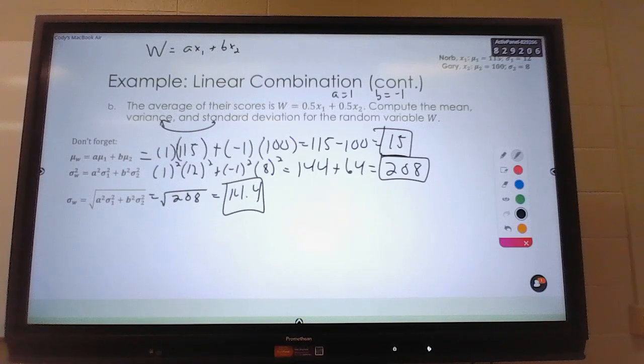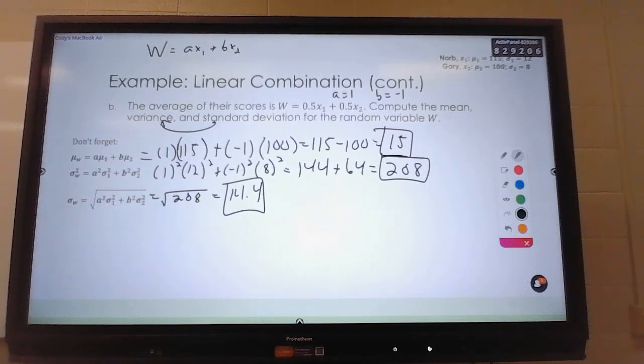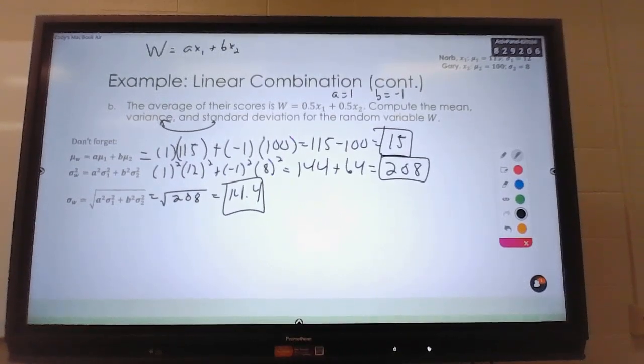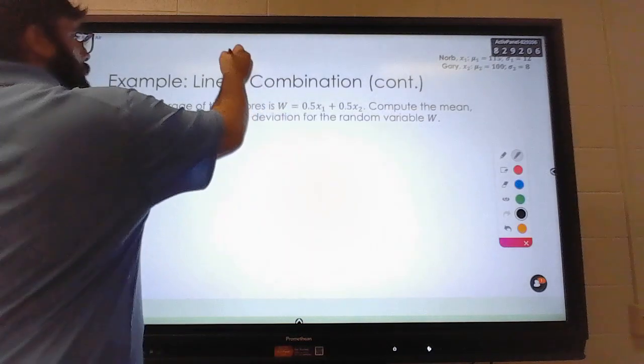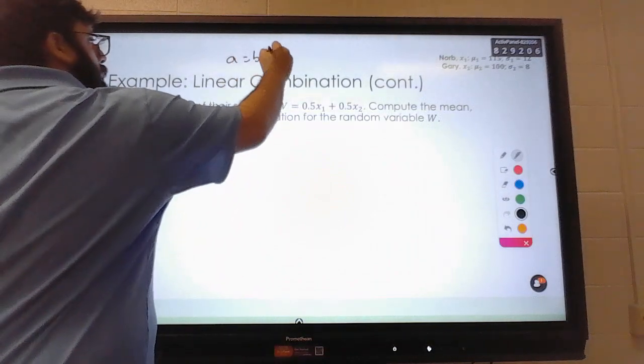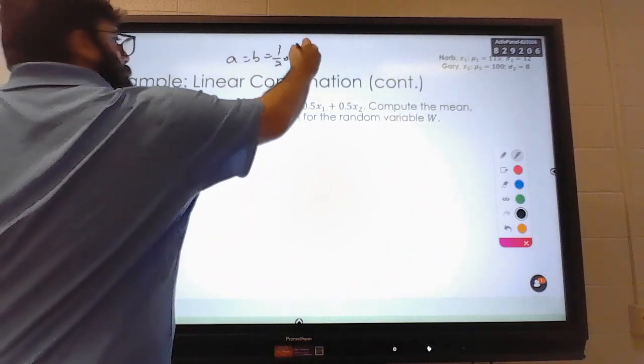Now, let's change it up. Let's say the average of their scores is W equals 1/2 x1 plus 1/2 x2. Let's go ahead and make that calculation. All right, so it appears that A and B are both 1/2, or 0.5.